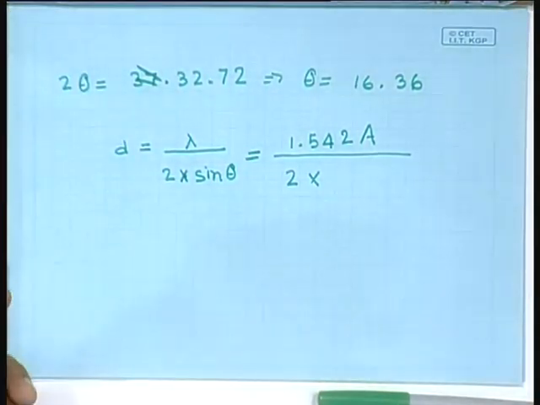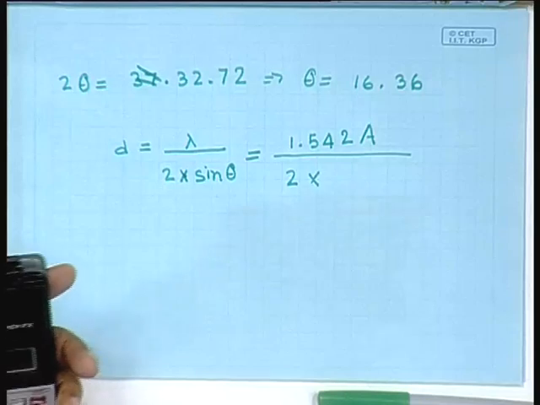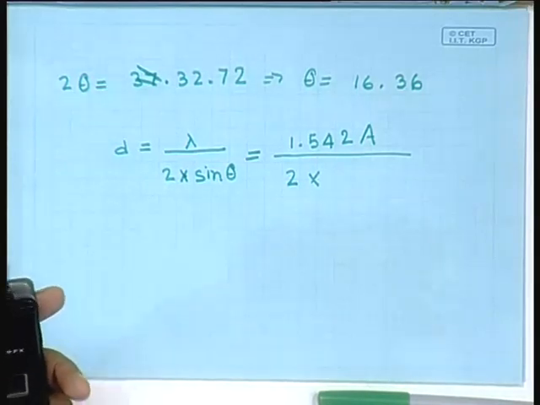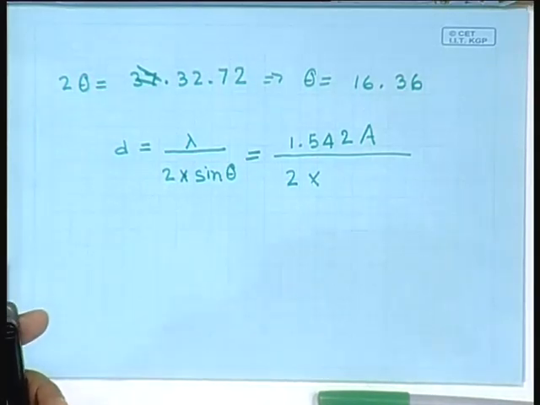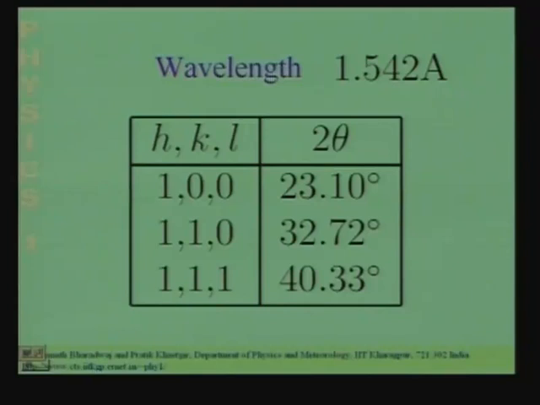So, let me do that. The sine of 16.36 is 0.282 actually.